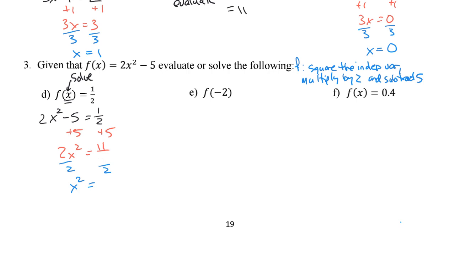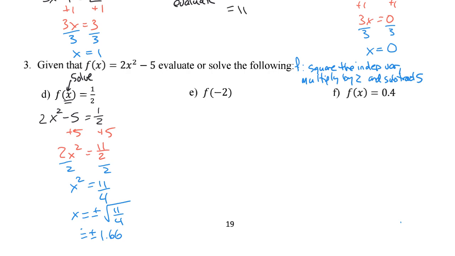When it becomes 1/2 plus 5, that's 5 and a half, or 11 over 2. And then I divide that by 2, I get 11 over 4. And so now I've got to take the square root of both sides, which will get me plus or minus the square root of 11 over 4, which, if you take the decimal here, is approximately 1.66. So that's my value for x there.